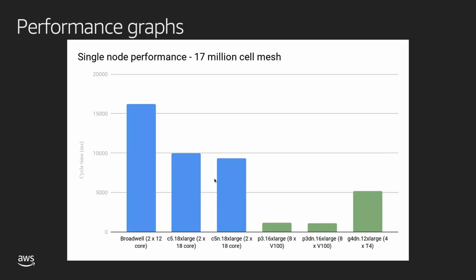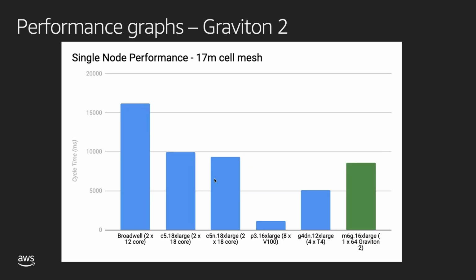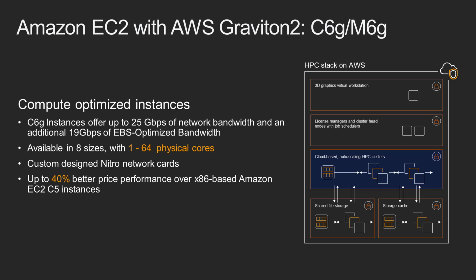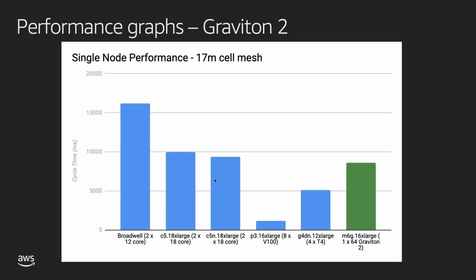But the one extra angle I think is interesting to show is the Graviton 2 performance. How do you see the ARM angle to all this? Obviously the GPUs are really exciting, faster and cheaper, but ARM is a very interesting one, given that for this test case it's similar or even slightly faster performance than the equivalent Intel CPUs.